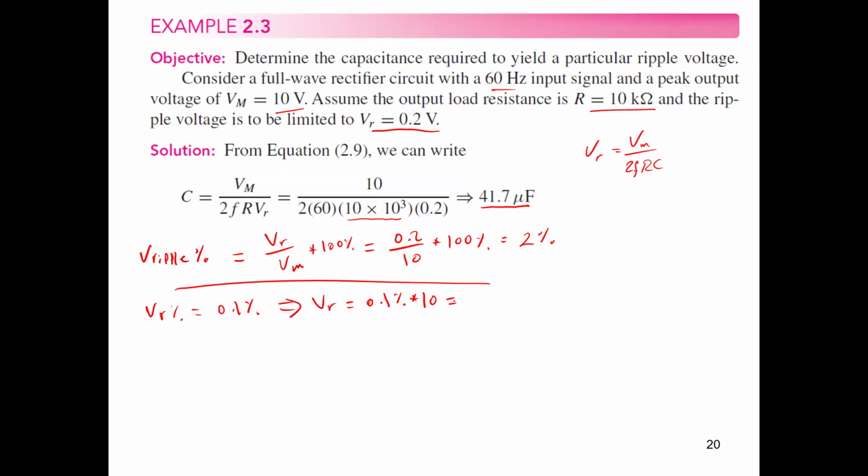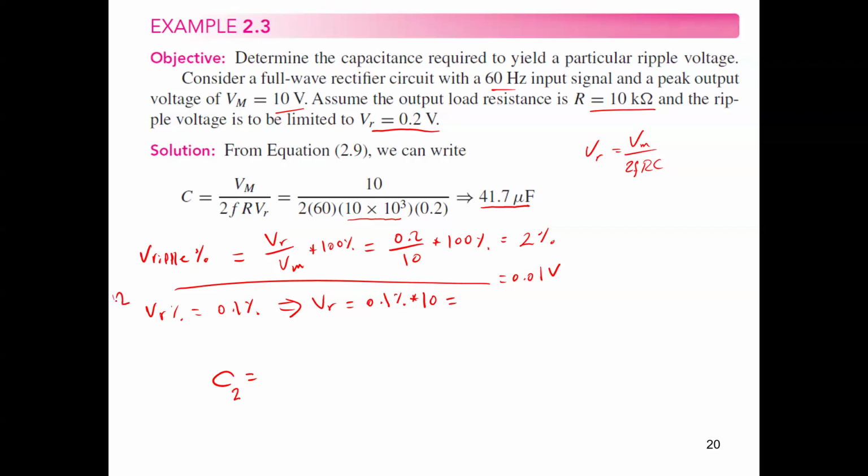So this is going to be 0.1 times 10 divided by 100. So this is going to be, guys, 0.01 volt. If we substitute here in our relation to calculate the capacitance, so let's say C number 2.